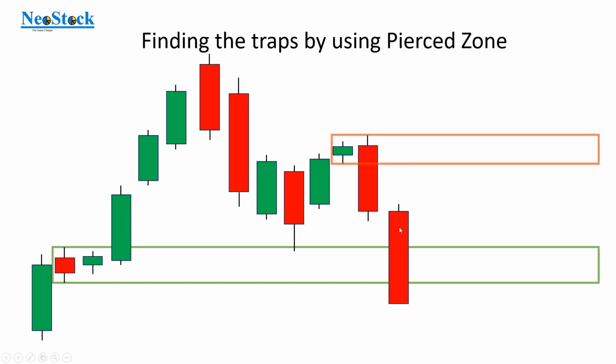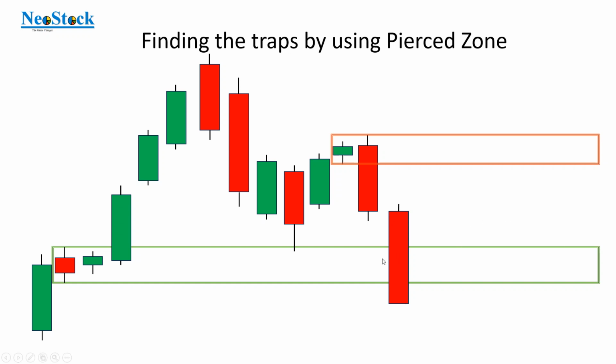So in this candle, prices came out of the zone. Remember, the candle is not completed, but at some point before the closing of this candle it came out of the zone. The closing is not yet completed.